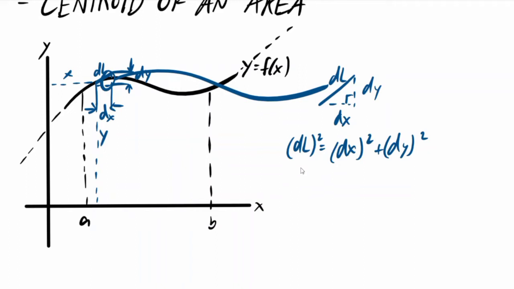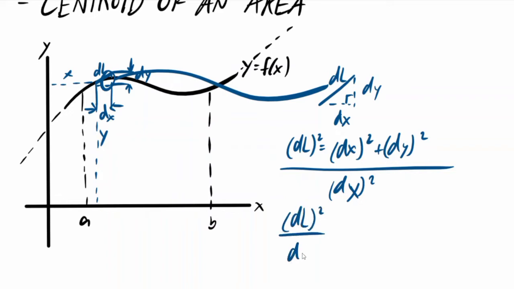Now to get the formula from this, we will divide this by dx squared. Let's start with dx first before dy. So next, we will then have this here.